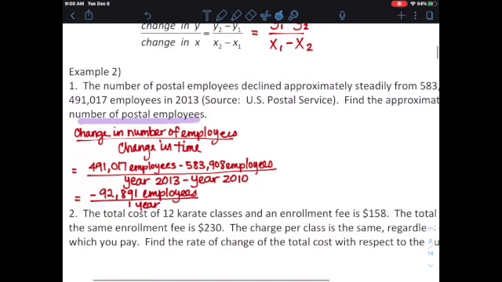Since we are doing 491 first, we take the year 2013 minus 2010. The difference between them is that it went down, or the workforce has shrunk by 92,891 employees per year.